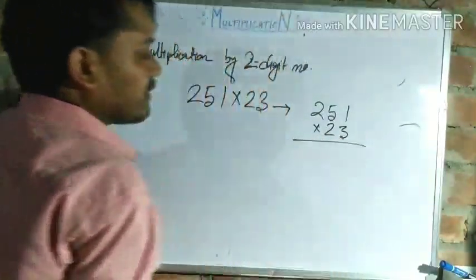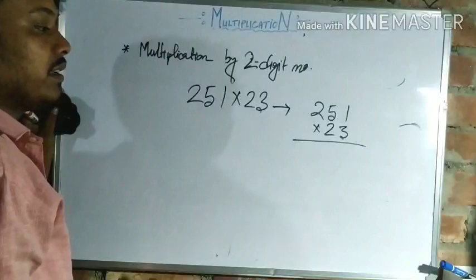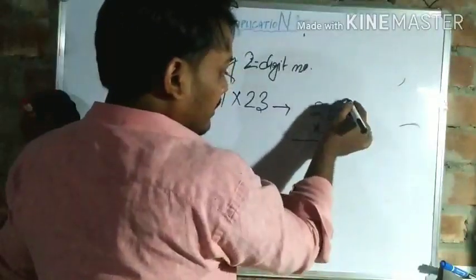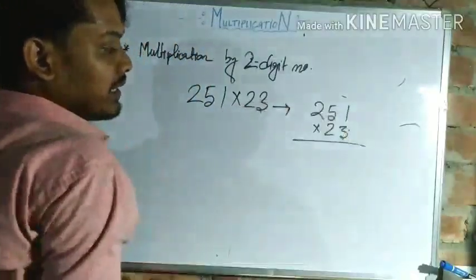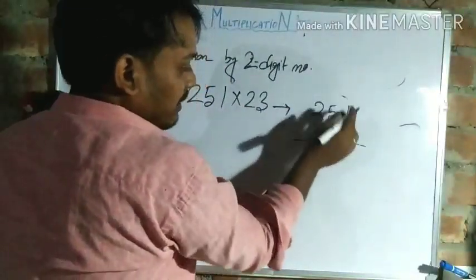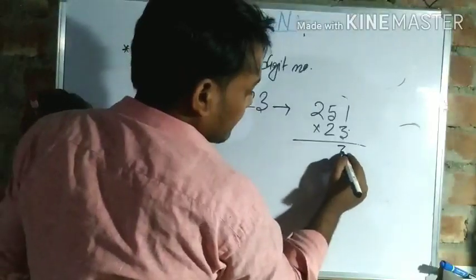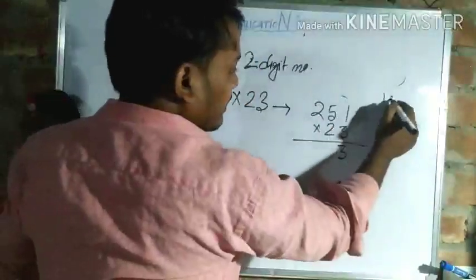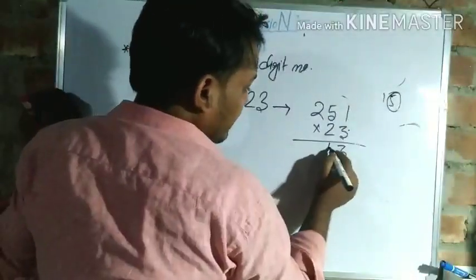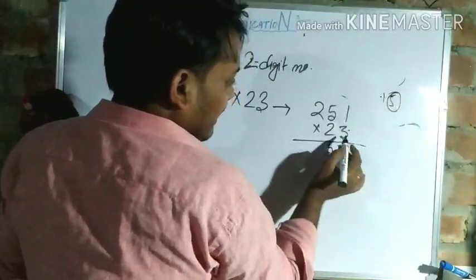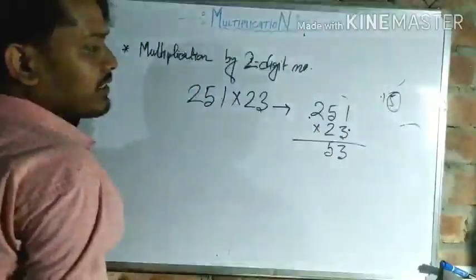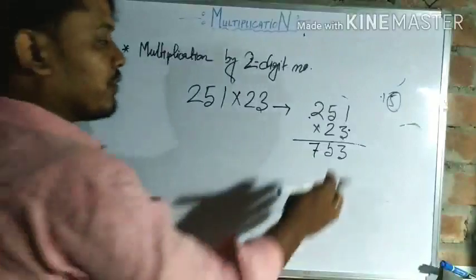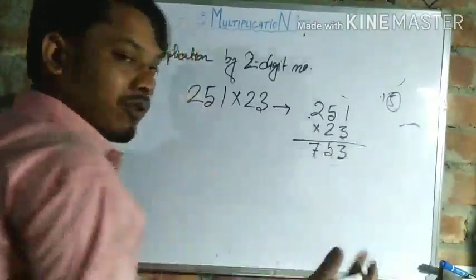Here first we multiply by 3. So 3 ones are 3. Next 3 into 5 is 15, a two digit number, so 5 sits here and 1 is carried over. Next 3 into 2 is 6, and 1 carry is 7. So multiplication by 3 is complete.